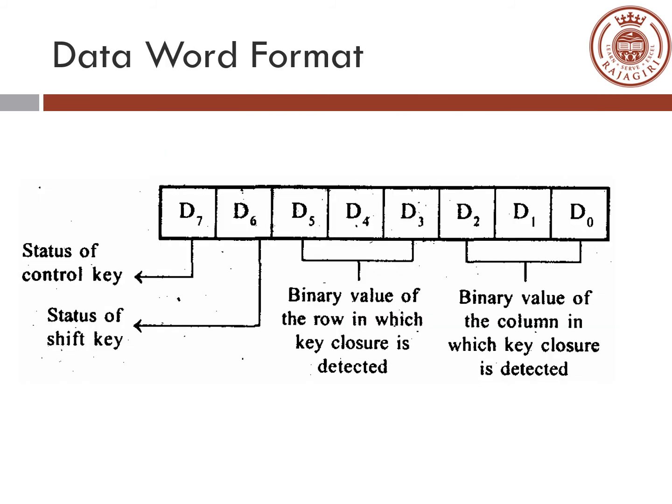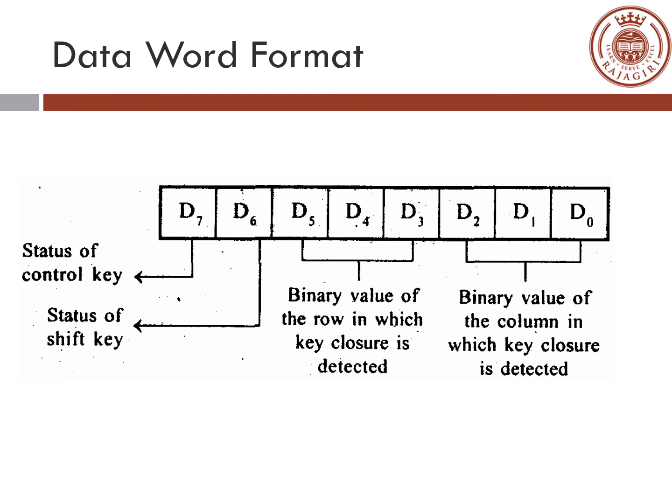This shows the format of the data word that is stored whenever a key is pressed. And that's the one that is read by the microprocessor to determine which key has been pressed. So there are bits D0 to D7. The bottom 3 bits D0, D1, D2 is the binary value of the column in which the key is pressed.